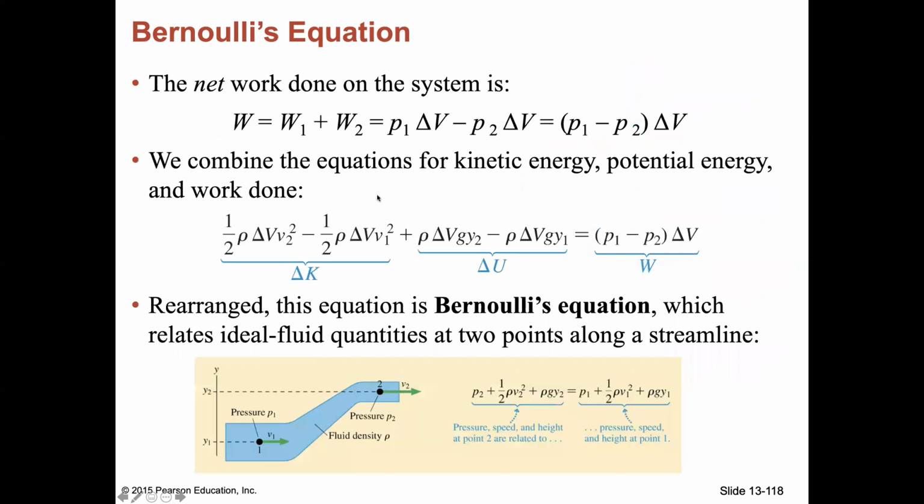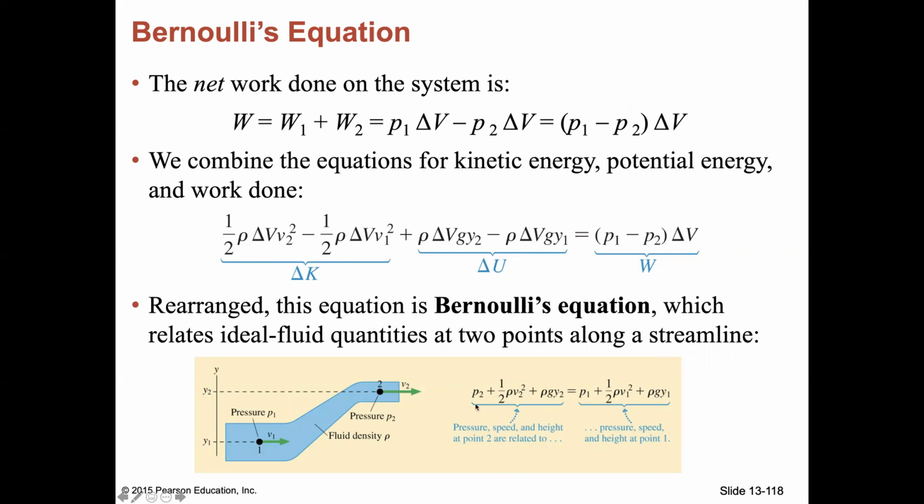So finally, you will have the Bernoulli equation shown here. If we rearrange it, this equation is Bernoulli's equation, which relates ideal fluid quantities at two points along a straight line.